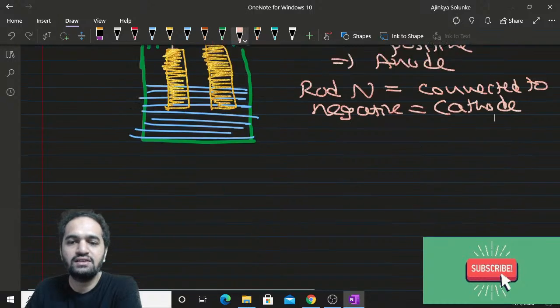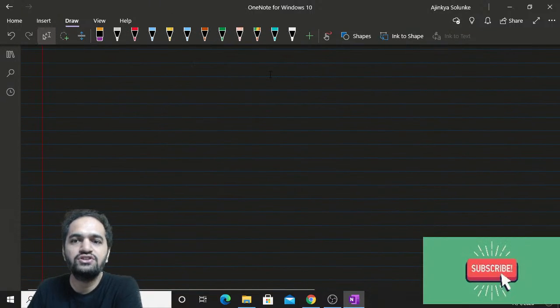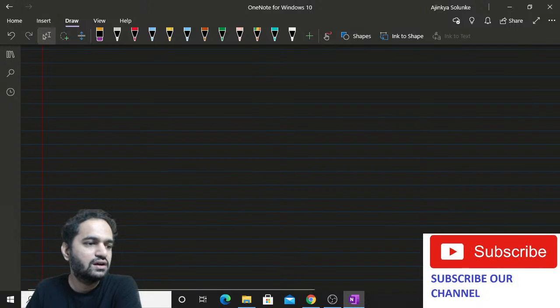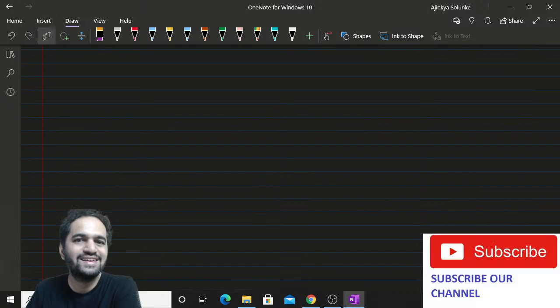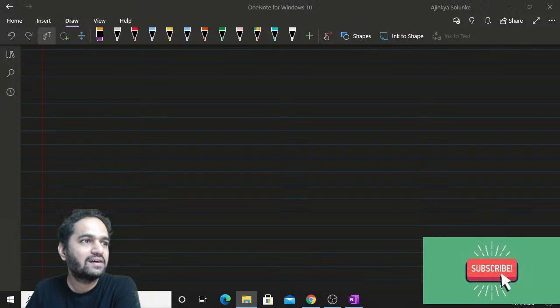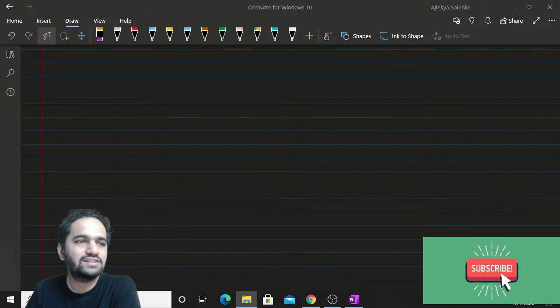Now can we do one thing? Can we have another arrangement in which you tell me which rod is which? Can we take some example from 10th standard? Just for your excitement, I am willing to give you a question from 10th standard, just to identify which are the rods.